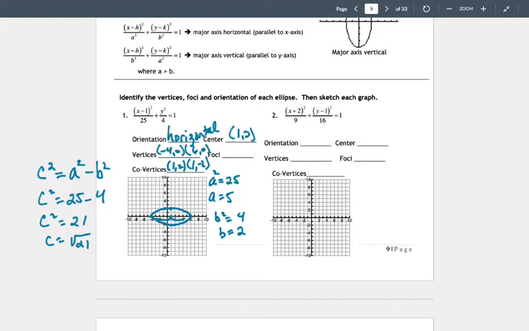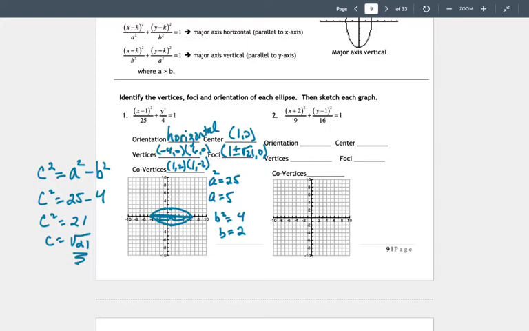They're going to be along this major axis right here, which means that they'll keep the same y value as the center, but you're going to be adding that c to the x value of the center. So I'm going to write it like this. You're going to be adding it and subtracting it. So I'm going to do 1 plus or minus the square root of 21, comma 0. And those are our foci.